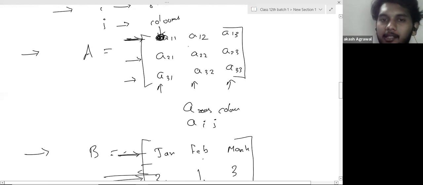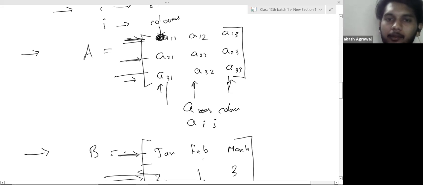If there is a matrix like this, then these are the rows and these are the columns. In all these chapters, we only deal with rows and columns. This is the way we represent a matrix in square brackets. A matrix can have any number of rows and any number of columns. There is no necessity to have them equal.